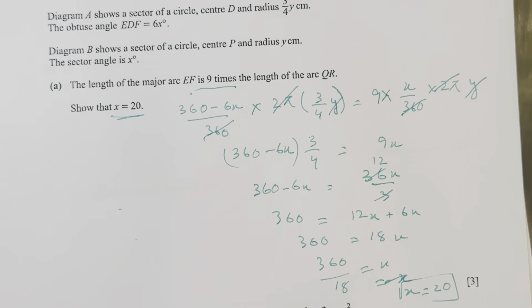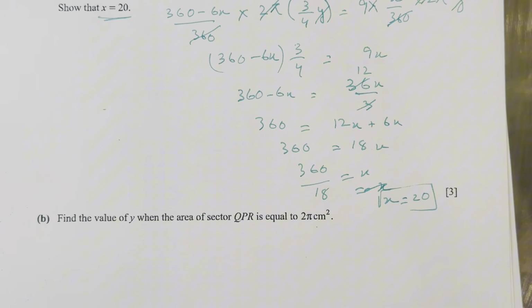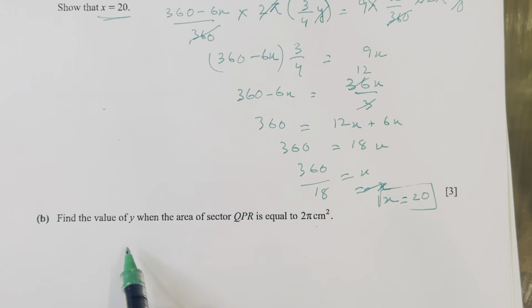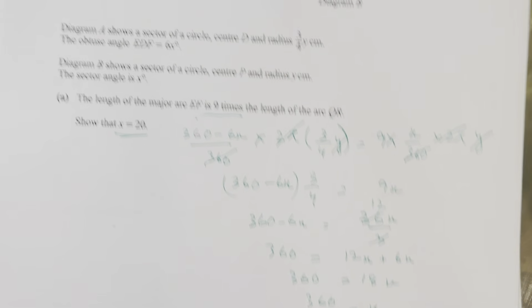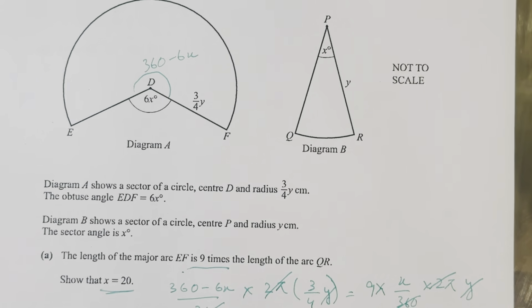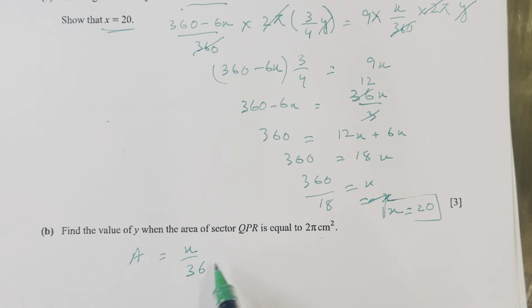We have proved that. Find the value of y when the area of sector QPR is equal to 2 pi centimeter square. So we're going to use the area formula. A is equal to, QPR was over this sector, x over 360, and the formula is pi r square.